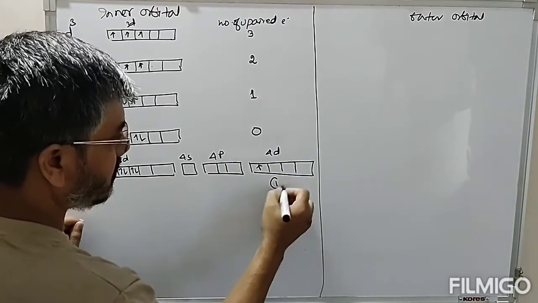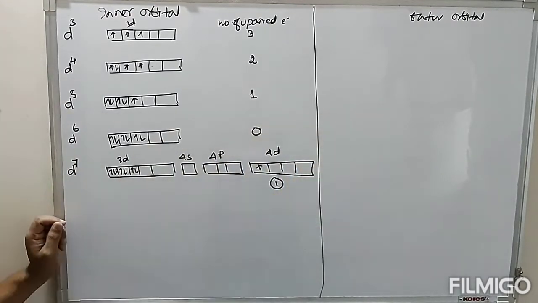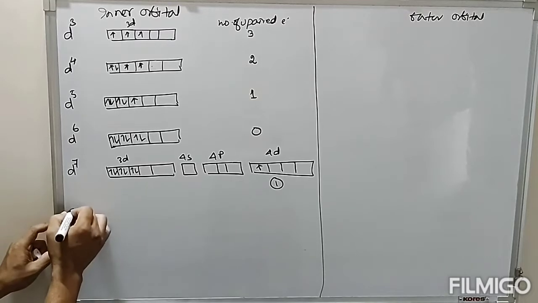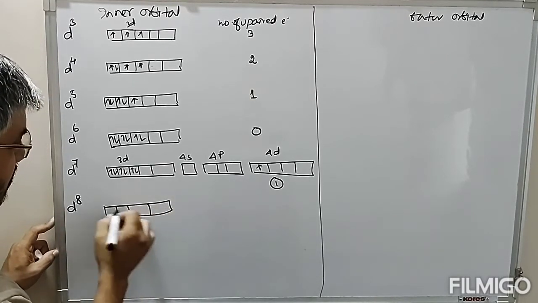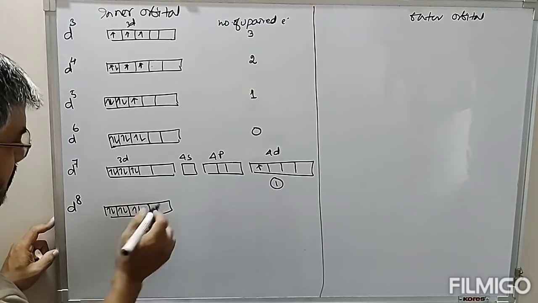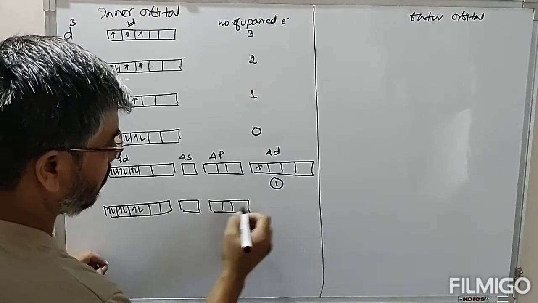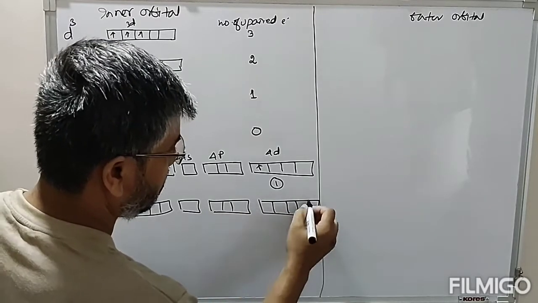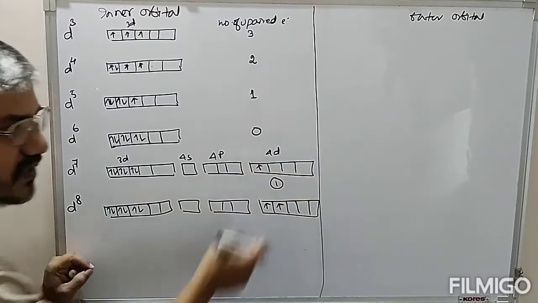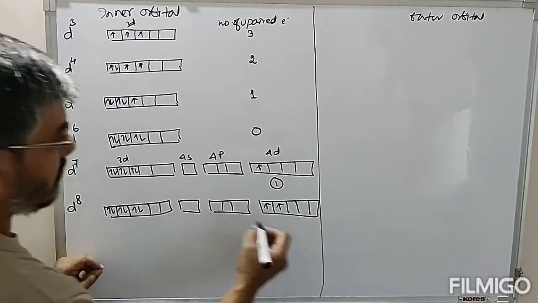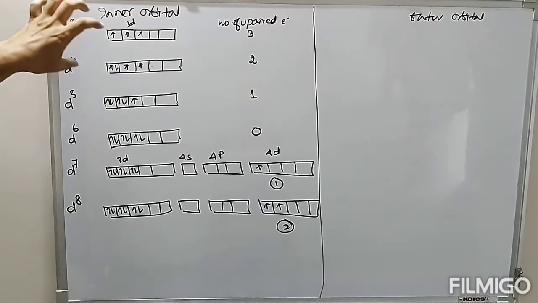How many unpaired electrons are left? One unpaired electron. The seventh electron will be transferred to the higher energy level. Similarly, we have d8. We have 6 electrons here, then 4s, 4p. The 7th and 8th electrons will be transferred to the higher energy level, so the number of unpaired electrons is 2. So this is inner orbital complex.